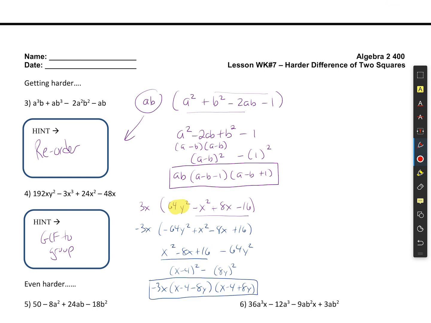Now if I go back to what I did with the 3x, the move you have to make here is this. So I have obviously the 64y squared, but I have to group the back pieces to make the perfect trinomial.